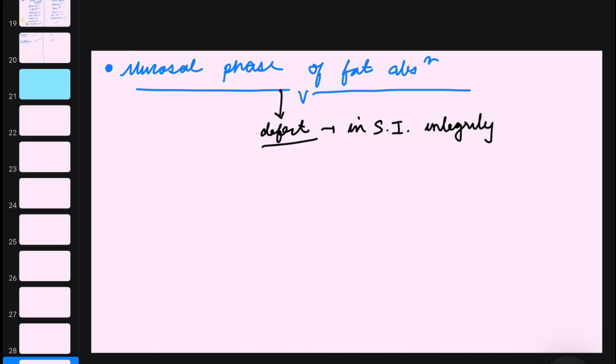Do you understand what I mean? If there is some disease which involves the small intestine enterocytes, and that disease is destroying the integrity of those cells such that they are not able to function. Suppose I go and destroy someone's home, will the person who was residing in that home be able to live there? Obviously not.